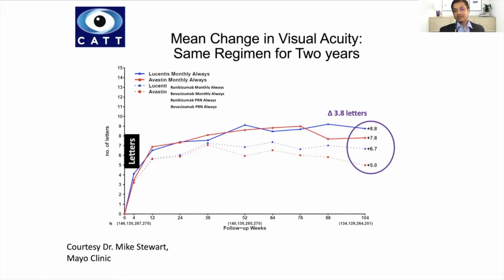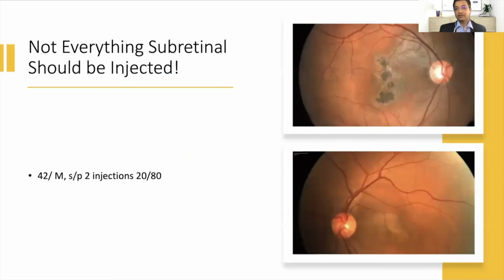And as you can see here, the difference between bevacizumab PRN or ranibizumab monthly was less than 4 letters. In general, they have a similar outcome. They were non-inferior, but if you look at the fluid drying capacity, ranibizumab had a better reduction in fluid compared to bevacizumab.